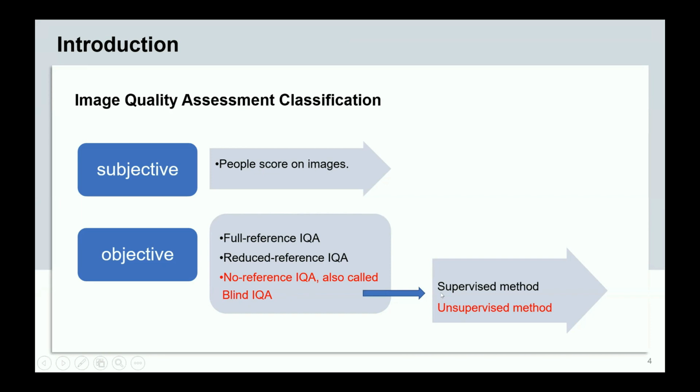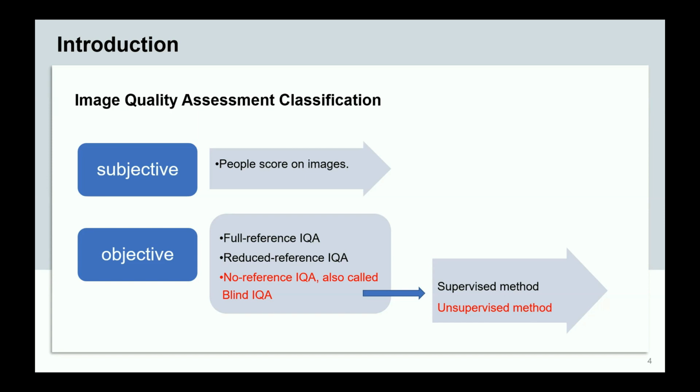Full reference IQA methods need the original image and its distorted version to fit the model. And the reduced reference image quality assessment methods need features of the original image. No reference image quality assessment only needs distorted images to predict scores.